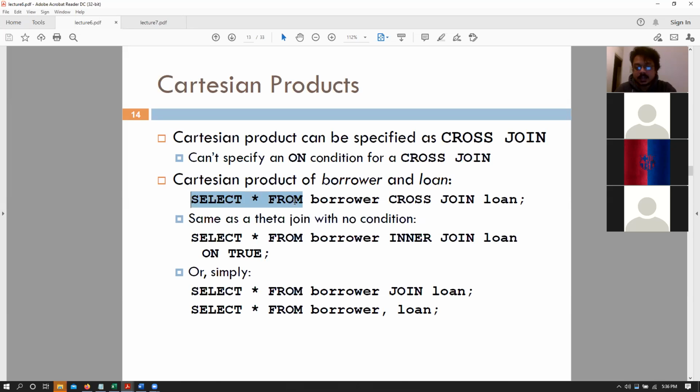For example, select star from borrower cross join loan would get us the complete list of all possible combinations from borrower and loan. We can also set the on predicate to be always true and perform an inner join on true. That means that for all possible conditions, this is true, so this also ends up being a Cartesian product. And we can also say select star from borrower comma loan. That also results in the same exact thing.